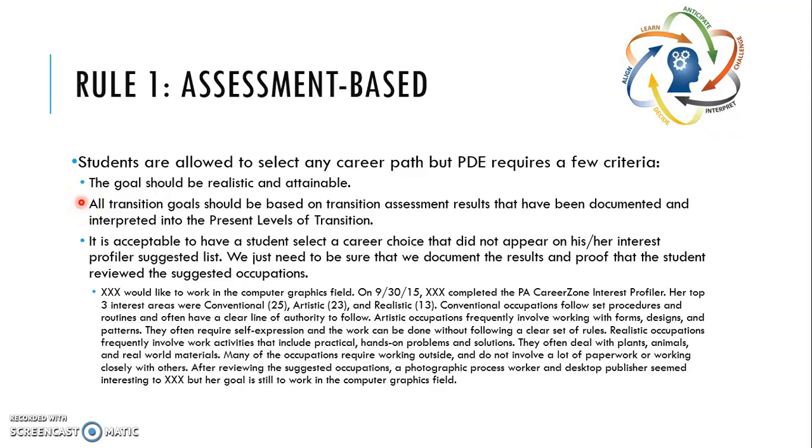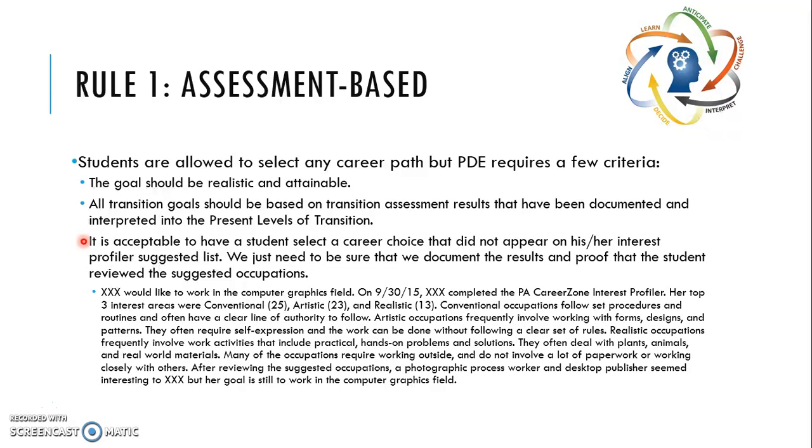All transition goals should be based on transition assessment results that have been documented and interpreted in the present levels of transition. Again, I think I've said this 3 times already in the modules. Make sure they're taking the assessments and you have it documented. It is acceptable to have a student select a career choice that did not appear on his interest profile or suggested list.